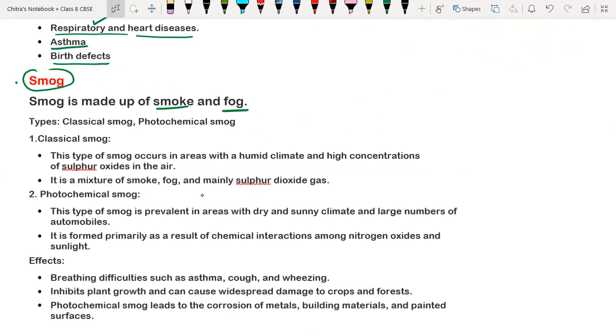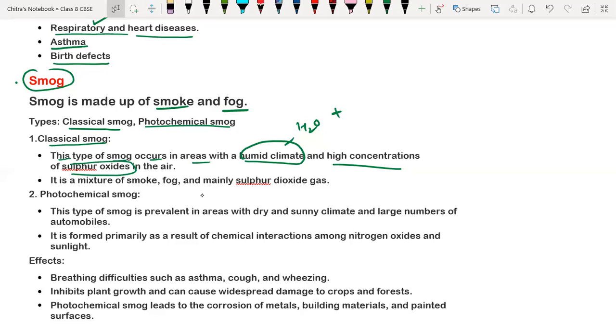Their types. Here we have classical smog and photochemical smog. What is classical smog? This type of smog occurs in areas with humid climate, means water is there, and high concentration of sulfur oxide in the air.